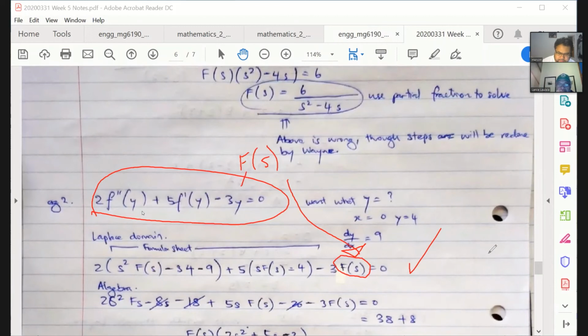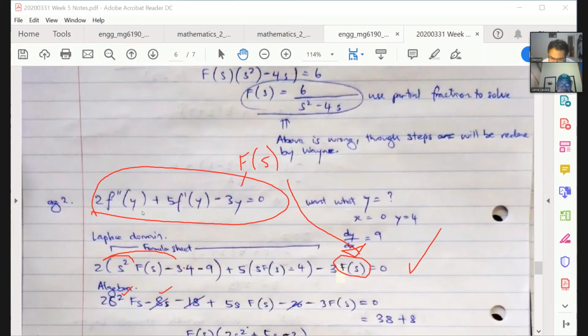Shall we follow the example on this one? Yes, please. Let's check. 2 times that is 2s squared. Agree with me? F of s. 2 times, I'm removing the bracket, minus s times 4 is minus 8s.